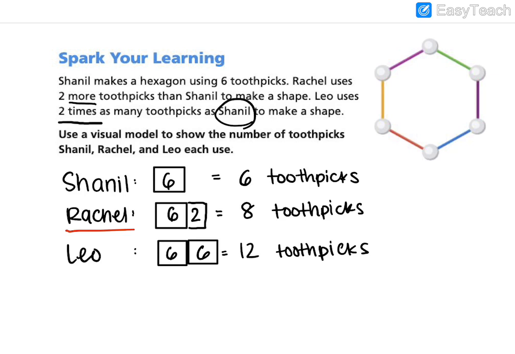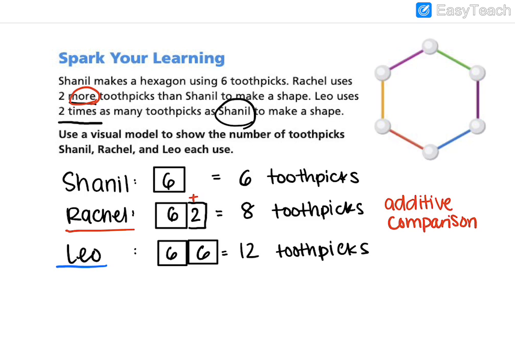For Rachel's comparison, she used 2 more. Okay, this is an additive comparison. Okay, we use that idea of 2 more. We're adding on 2 to the original number that Chanel had.